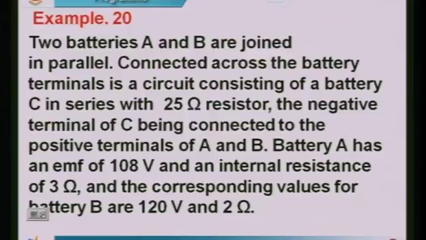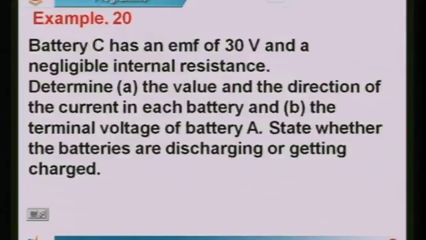Connected across the battery terminals is a circuit consisting of a battery C in series with a 25 ohm resistor, the negative terminal of C being connected to the positive terminals of A and B. Battery A has an EMF of 108 volt and an internal resistance of 3 ohm, and the corresponding values for battery B are 120 volt and 0.2 ohm. Battery C has an EMF of 30 volt and a negligible resistance. Determine the value and the direction of the current in each battery, and the terminal voltage of battery A. State whether the batteries are discharging or getting charged.